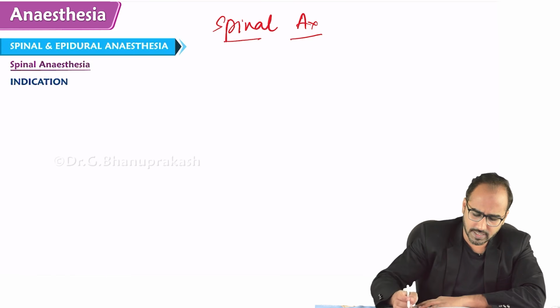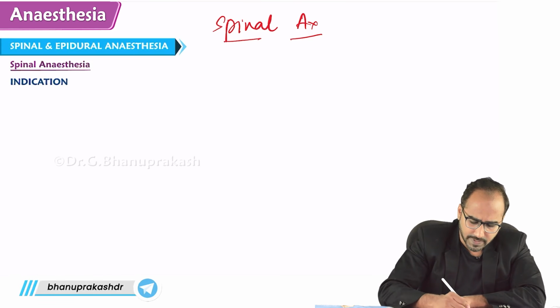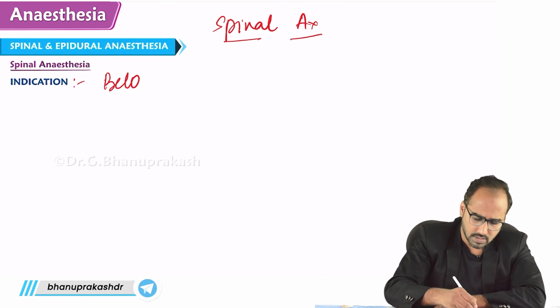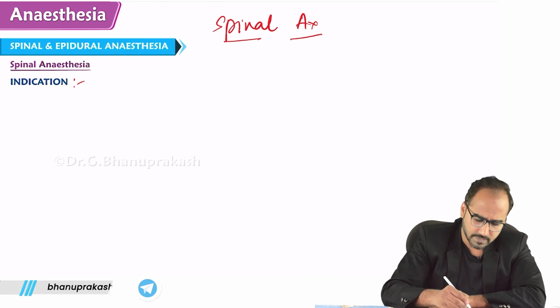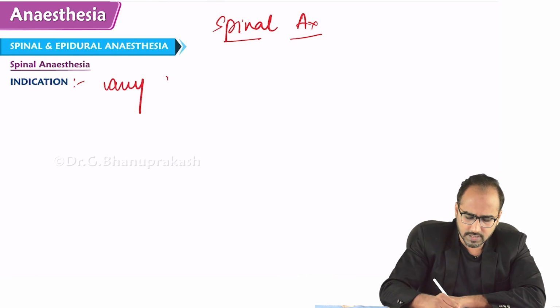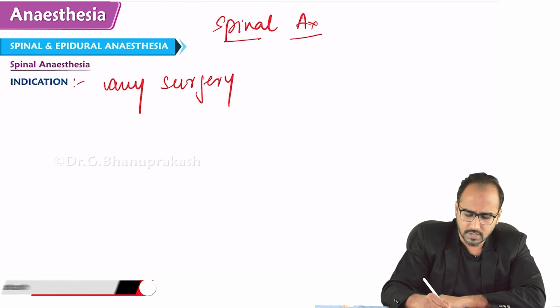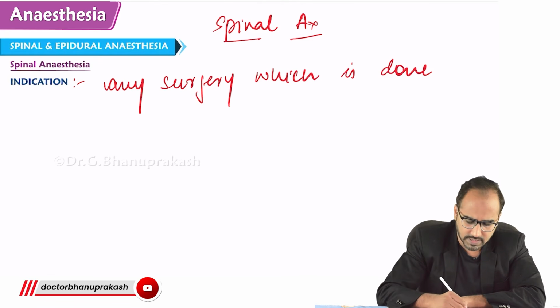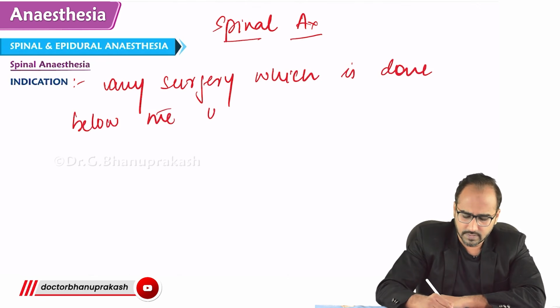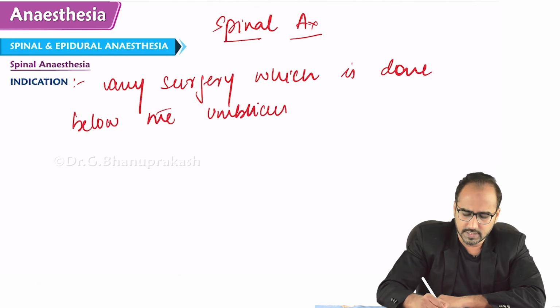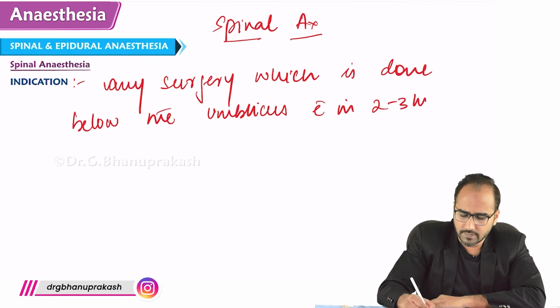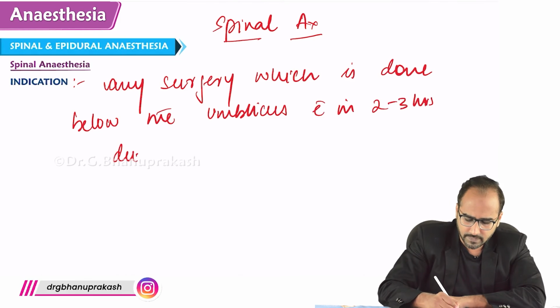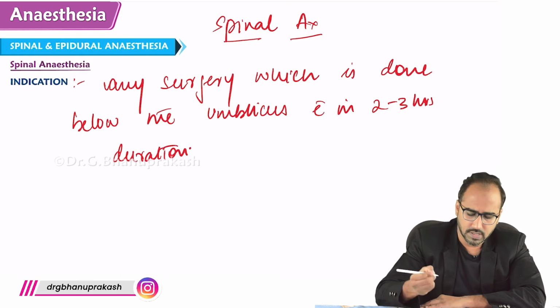You can write there, in the indication of spinal: spinal anesthesia is indicated for any surgery which is done below the level of umbilicus within 2 to 3 hours of duration.